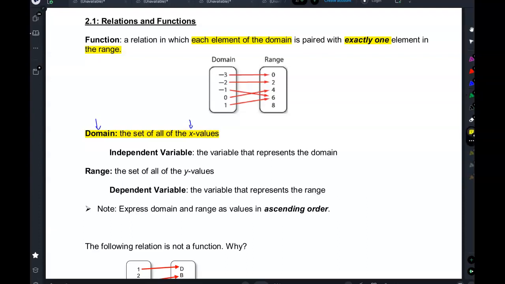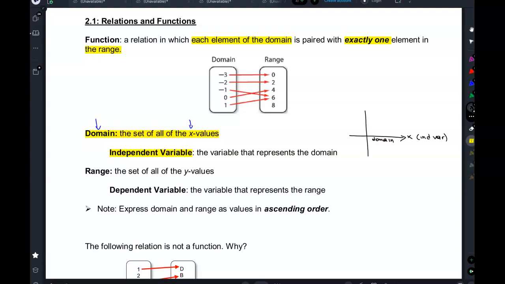The domain or the x values are also called the independent variable. All right, and if I'm graphing something, then all of this goes on the horizontal axis, right?